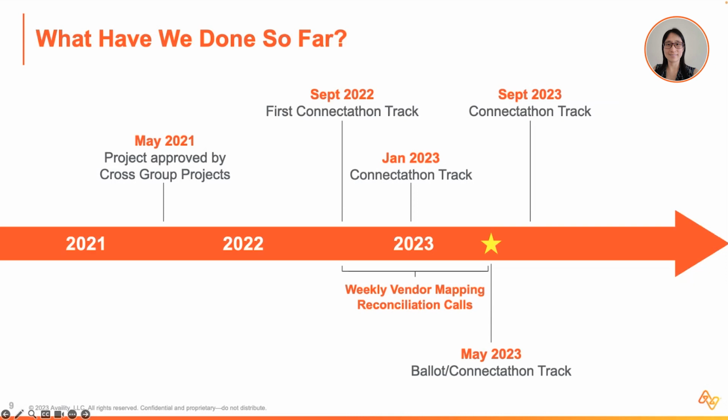And since then, we have participated in every HL7 Connectathon. And between the connectathons, there's about 8 to 10 months where we hosted weekly vendor mappings every week to work on that mapping reconciliation process we just walked through earlier.